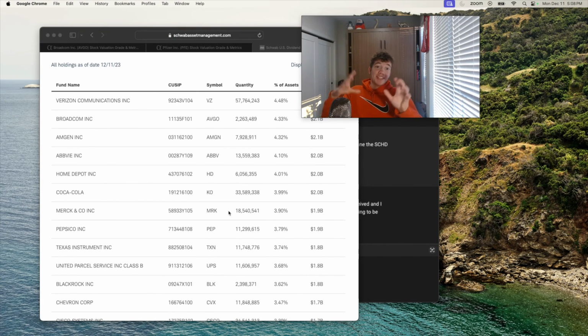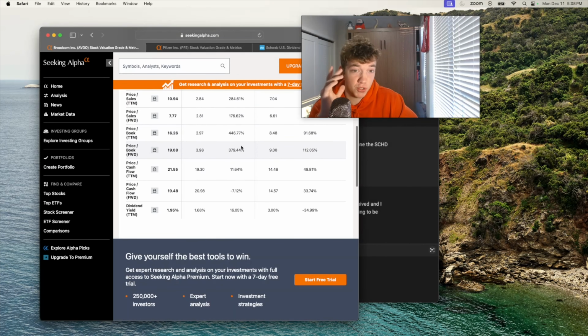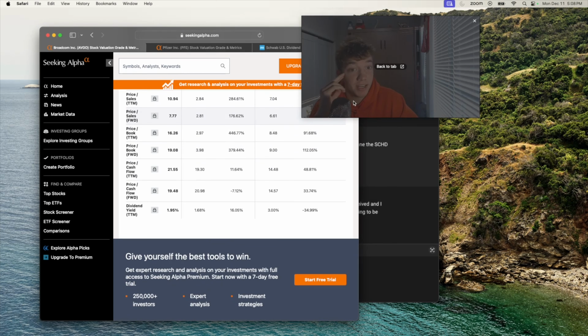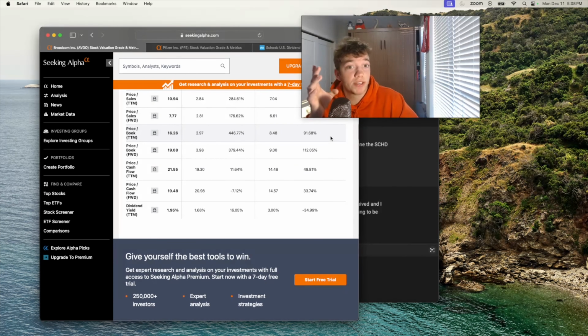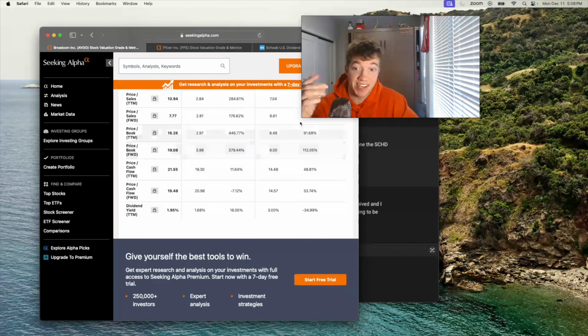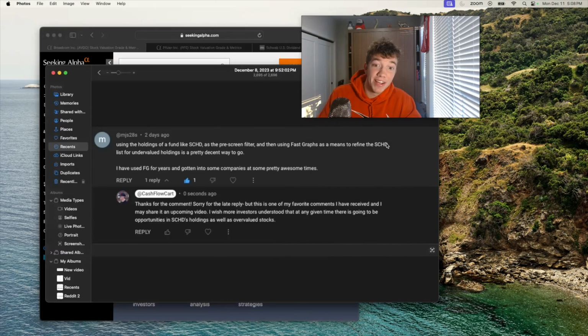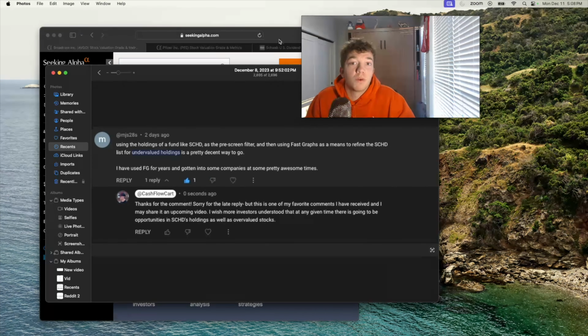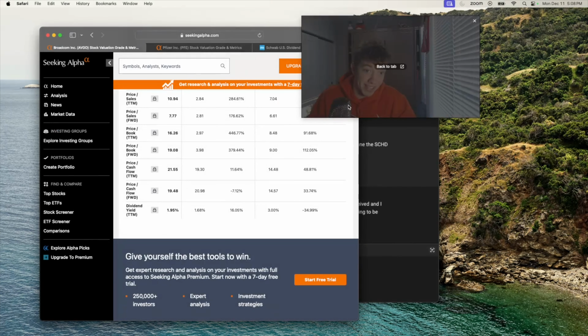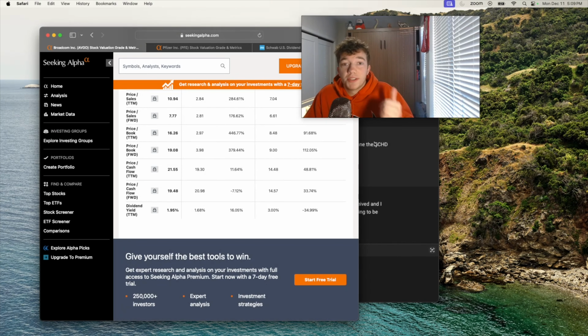So essentially he's going through these holdings and using some sort of preliminary screen to identify which of these holdings in Schwab's SCHD he's really interested in. And then, very important, he's looking for undervalued holdings. Now, this is such an overlooked point in investing. Everyone wants to know on the internet, or in the dividend investing community, what stocks should I buy?